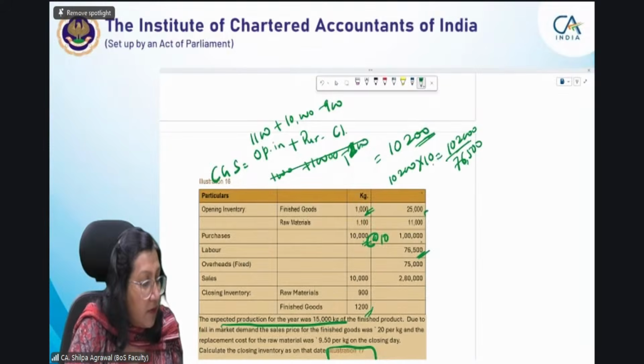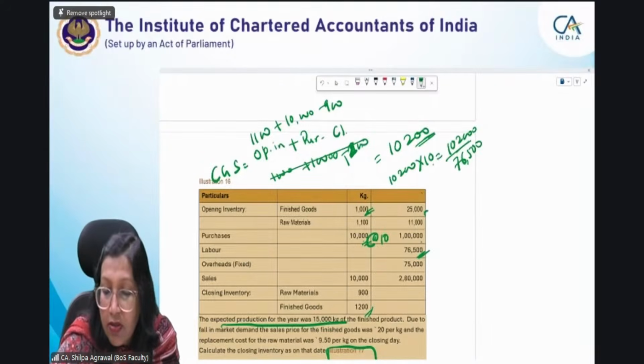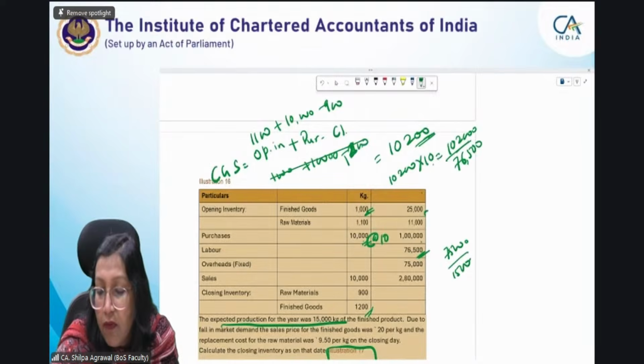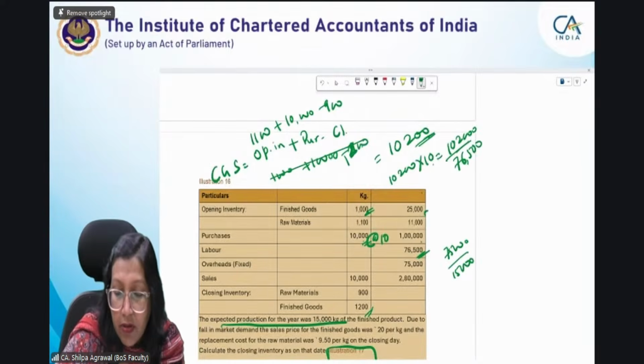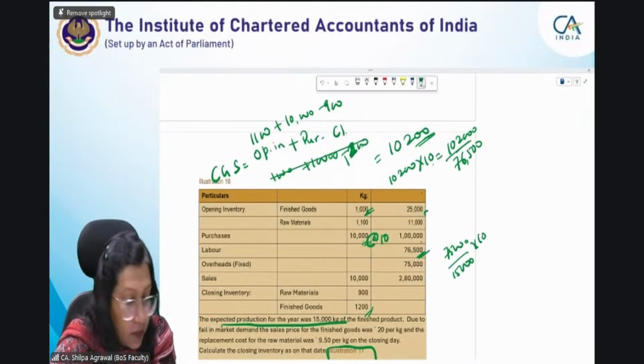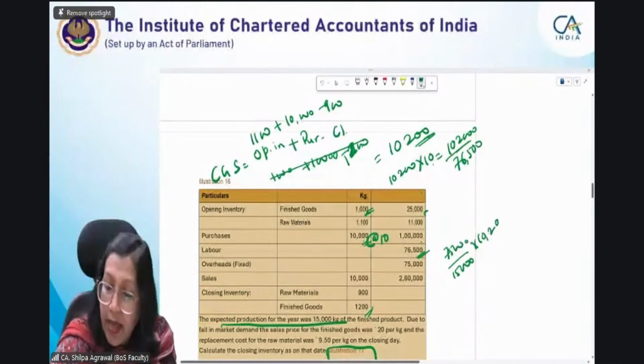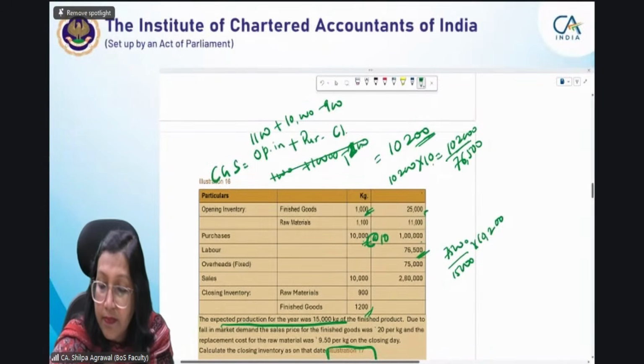So 15,000 is for your total 75,000 value. You are using 10,200, so what will be the cost? 51,000.